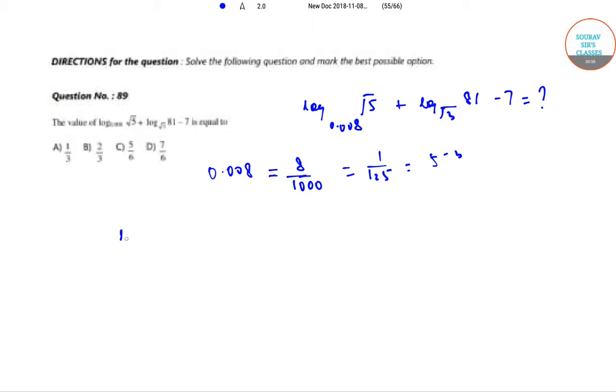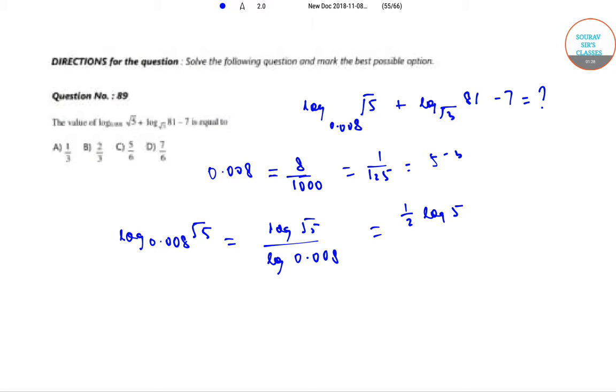So log 0.008 root 5 is equal to log root 5 by log 0.008, which is equal to half log 5.